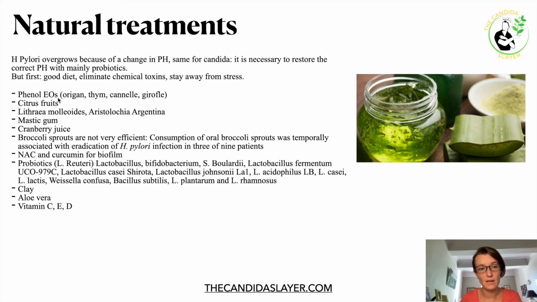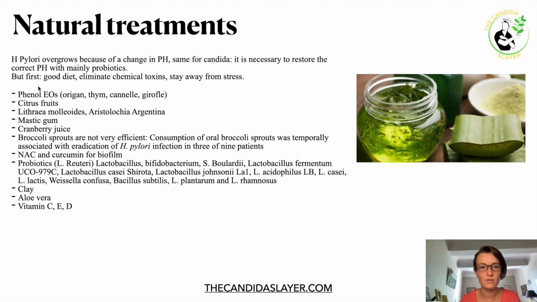Phenol-rich essential oils like oregano essential oil, thyme, cinnamon, clove, they are very good to get rid of H. pylori, to get rid of the overgrowth that you have in your stomach. But if you have gastritis, if you have a stomach ulcer, chances are you won't be able to tolerate these essential oils, because yes, they are very efficient to rebalance the bacterial population in your stomach, but they are quite harsh, and chances are they will worsen your stomach pain.